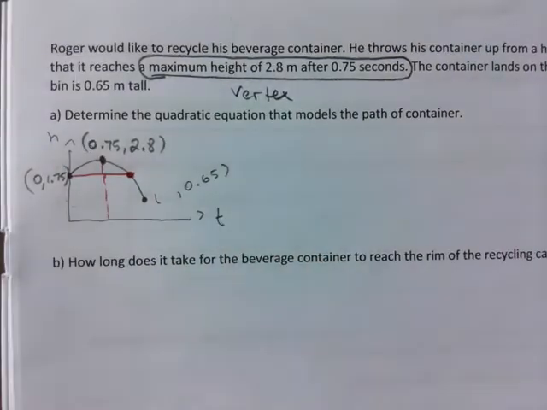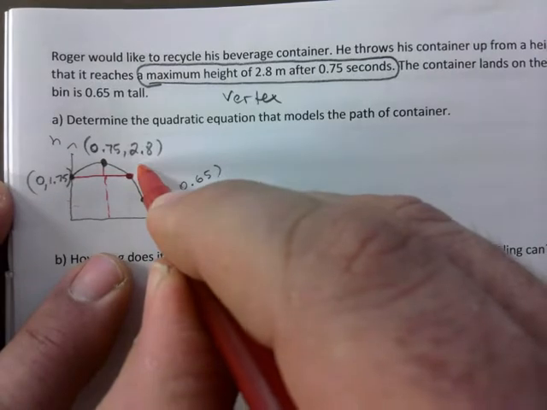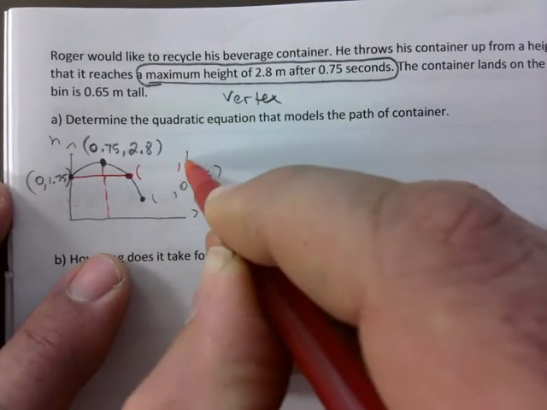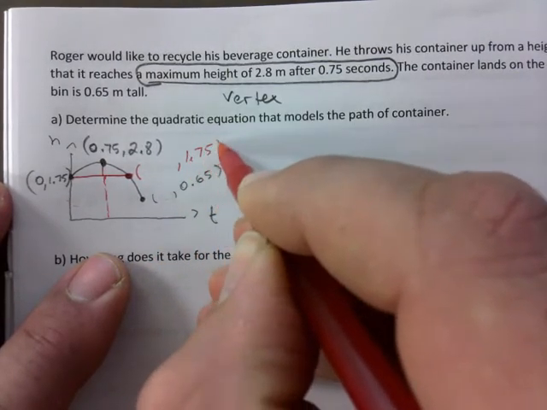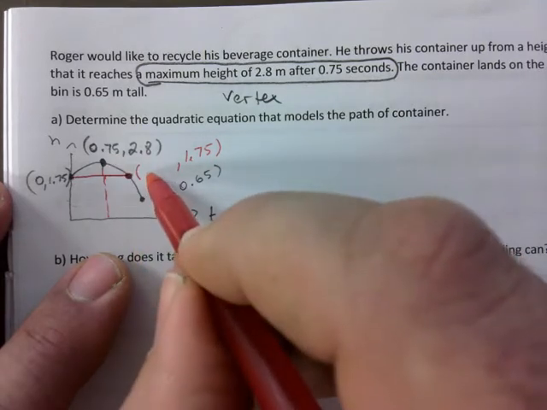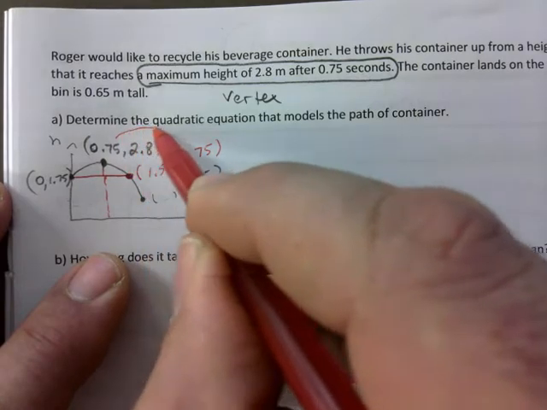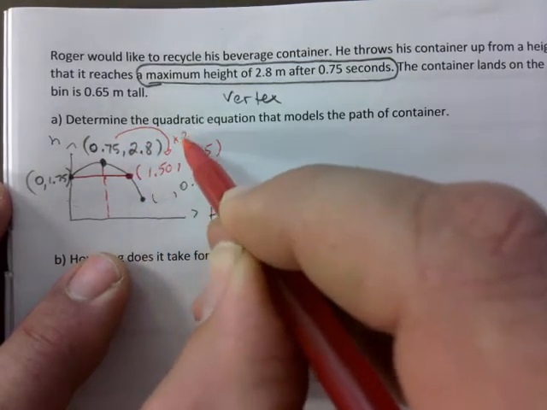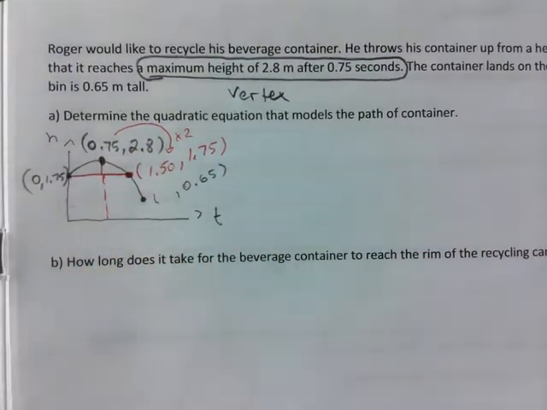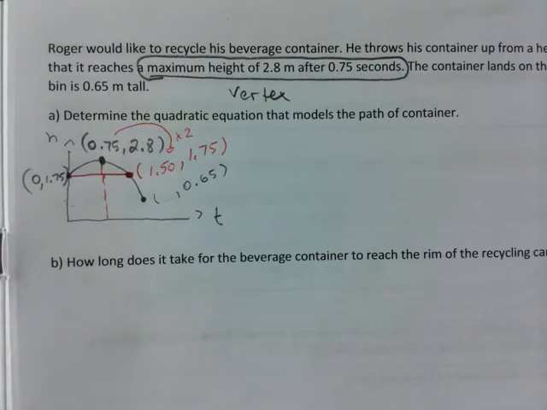Later on, you'll be able to answer that, because once you have the equation, you can. So this will be 1.75, and this will be 1.5. Just multiply that by 2 to get that 1.5.